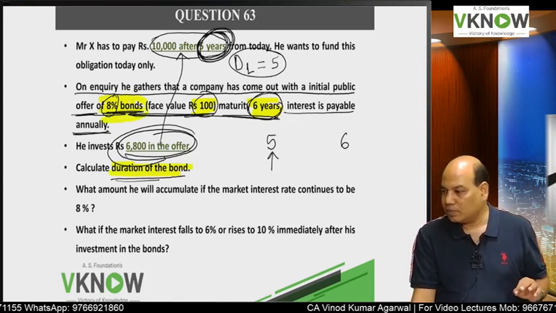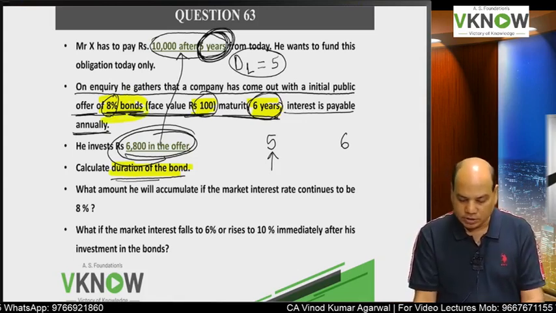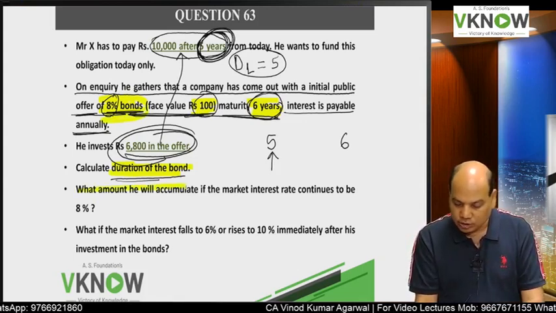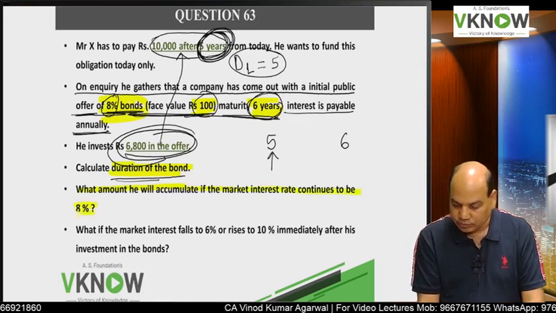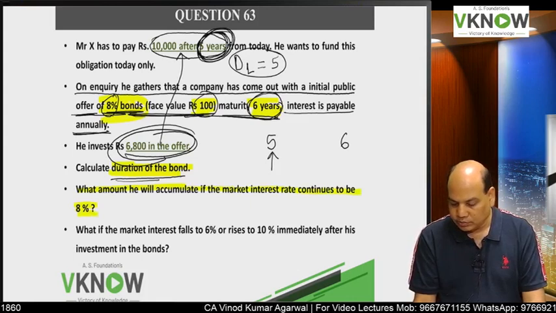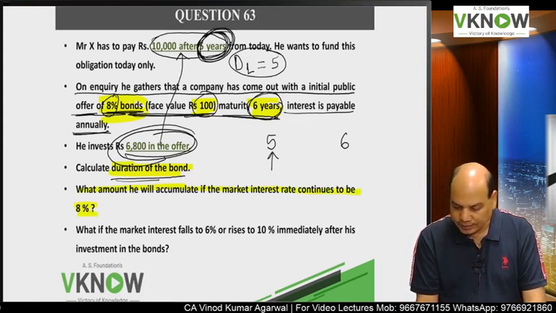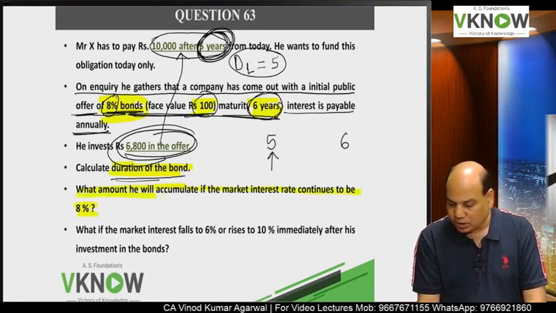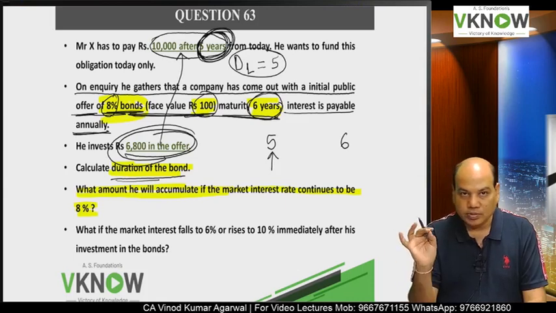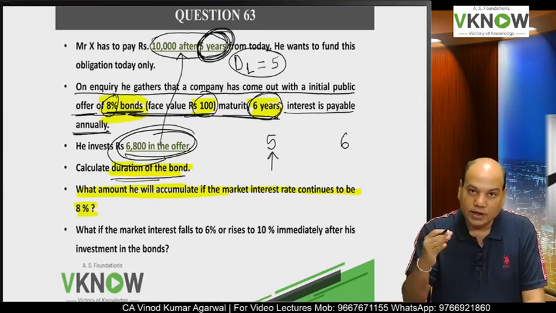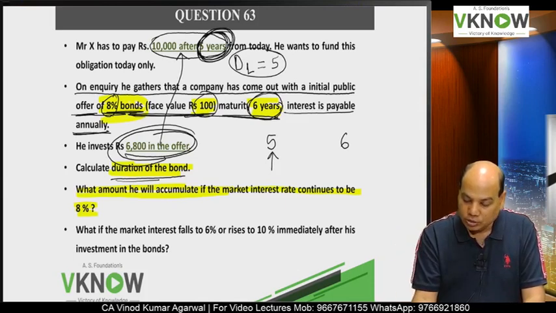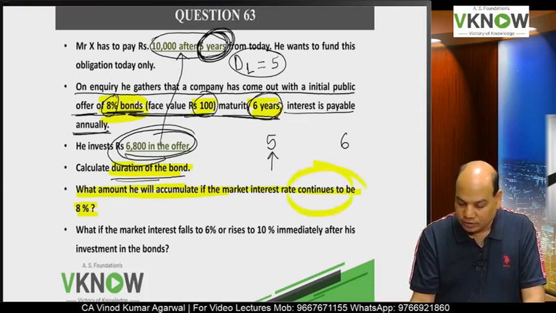What amount he will accumulate if the market interest rate continues to be 8%? That means suppose the market rate does not change, it remains 8% for the 5-year period. How much amount he will get after 5 years?